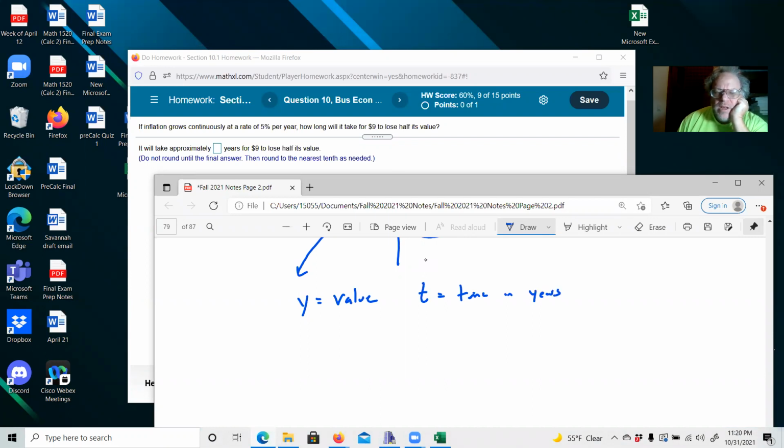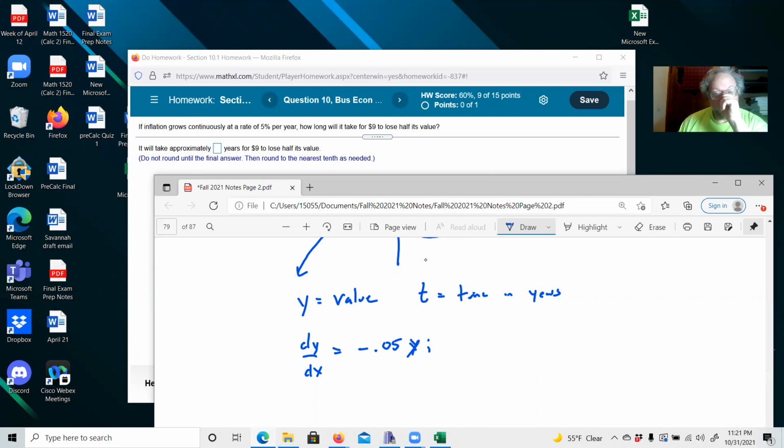So the change in the value is equal to negative 0.05, for 5% per year, times its original value. Yeah, that's what I want to do.